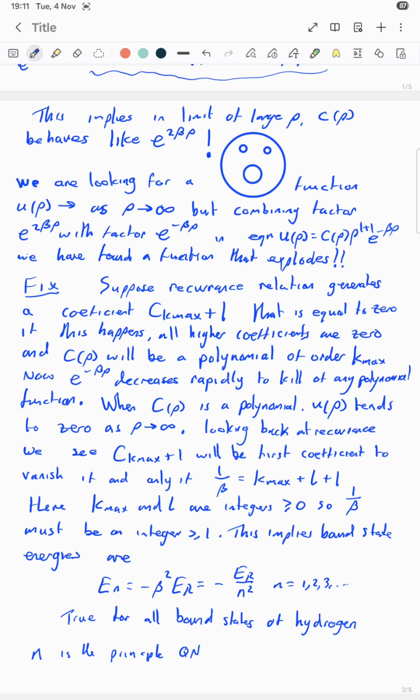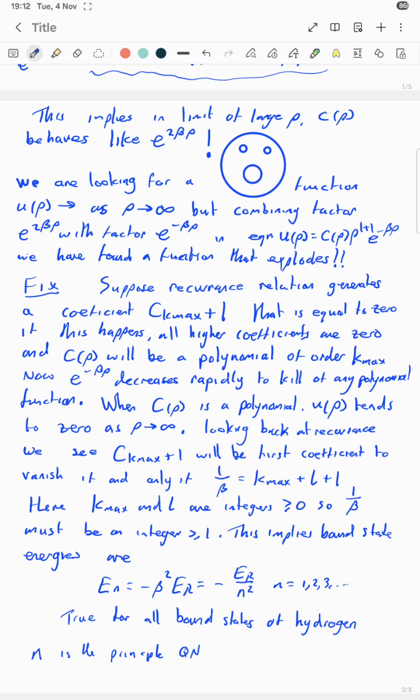We are looking for a function u of rho as rho goes to infinity, but combining factors e to the 2 beta rho and e to the minus beta rho in the equation for u of rho, we have found a function that just explodes. But that's not to worry, we can fix this. Onwards and upwards.